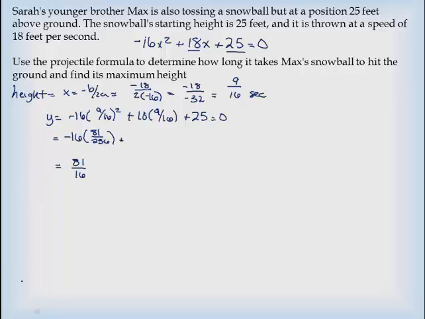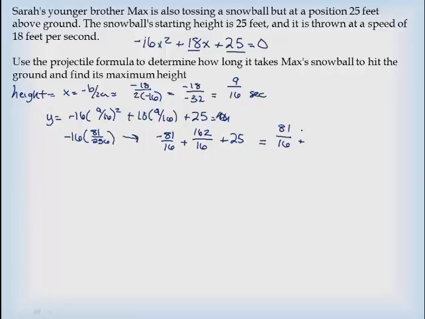So actually, what I'm going to do then is I'm just going to draw an arrow and move that over here. So I'm going to have negative 81/16 plus 18 times 9, which is going to be 162/16 plus 25. I don't know why I put the 0 in there. Okay, 162 minus 81 is 81/16 plus 25.